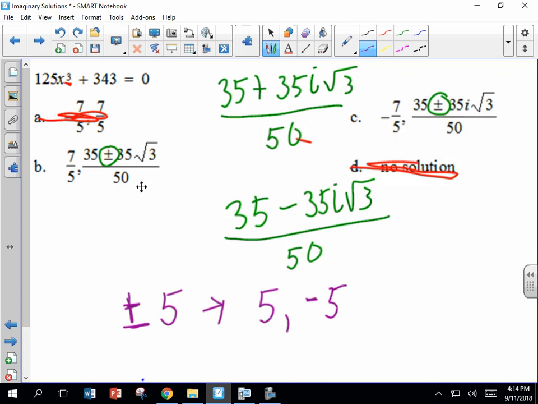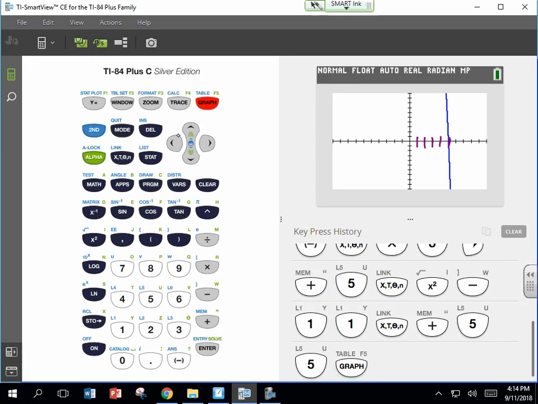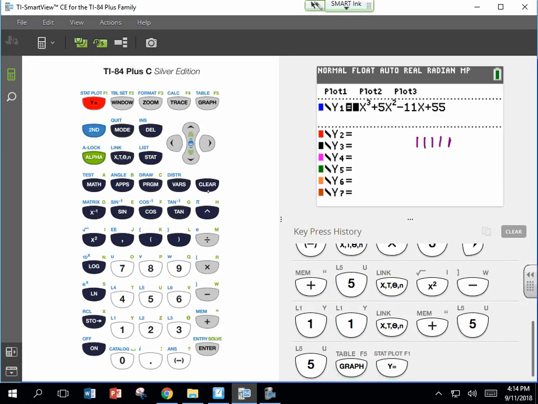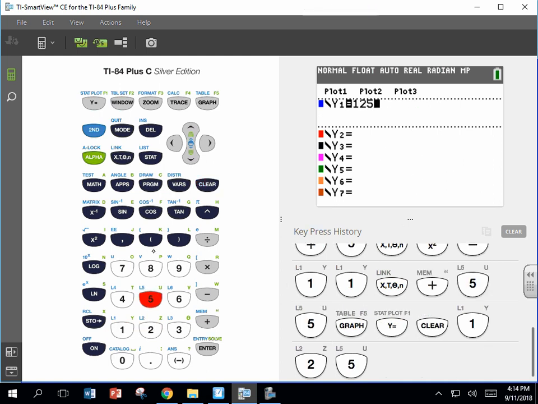All right, so how are we going to find the solutions to this? Just like we did with the real solutions, we're going to graph it. I'm going to go to y equals, clear it out, and type in my function, 125x to the third.